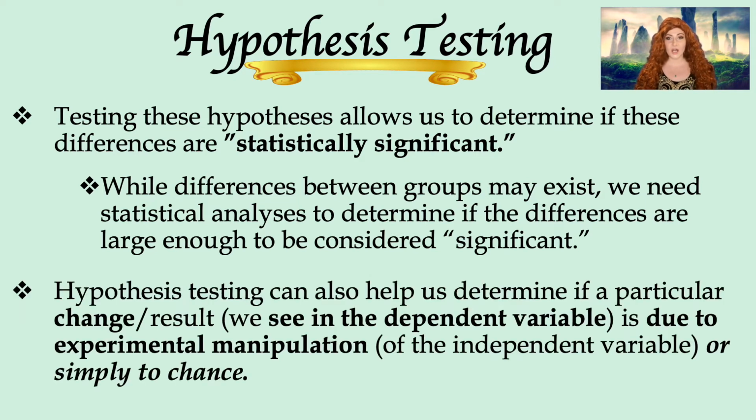Hypothesis testing can also help us determine if a particular change or result that we see in a dependent variable is actually due to some sort of experimental manipulation, to some sort of adjustment that we're doing to the independent variable, or if we're seeing these changes simply due to chance. It was a coincidence. It was a one-time thing. So hypothesis testing really helps us confirm and be sure whether our hypothesis can be proven correct or incorrect.